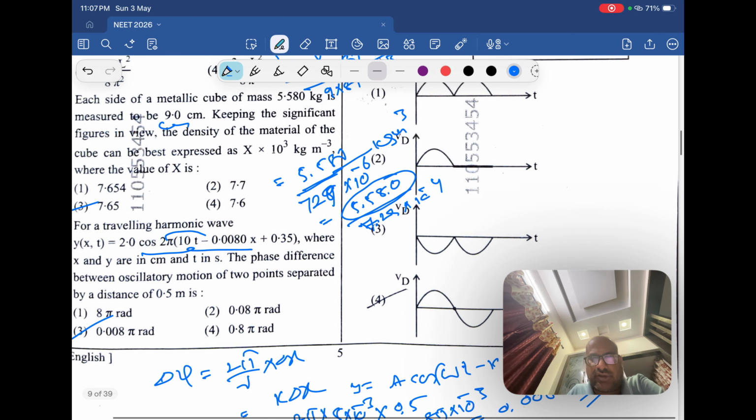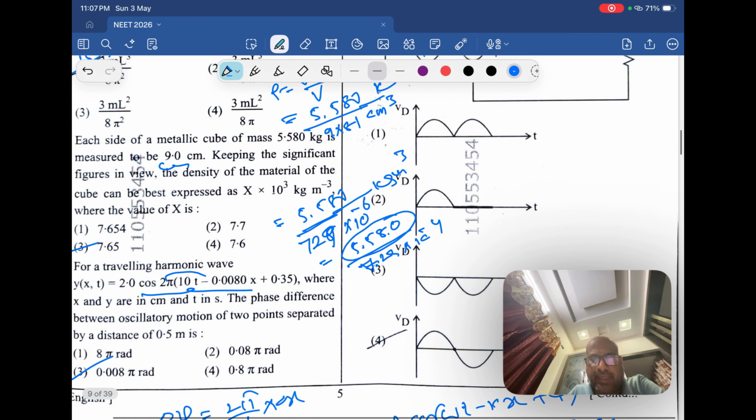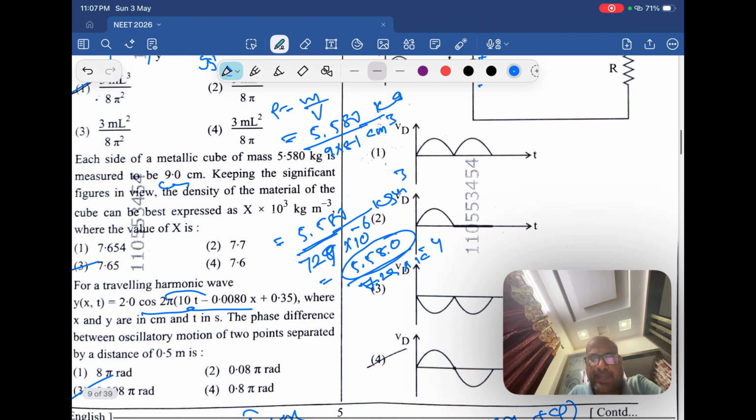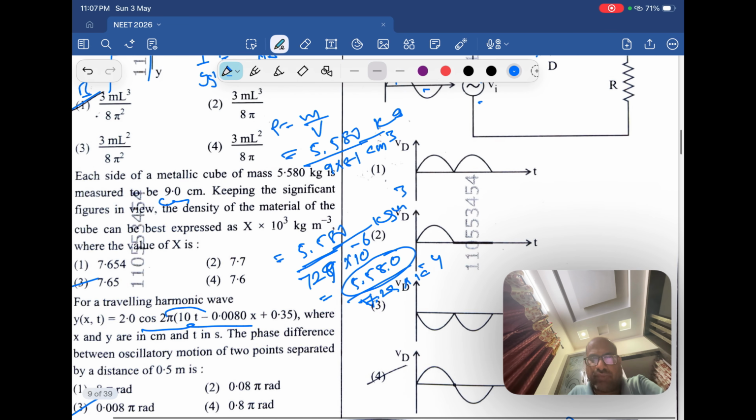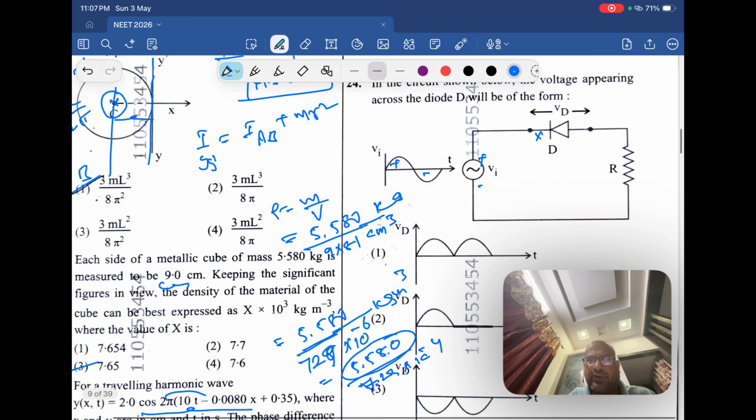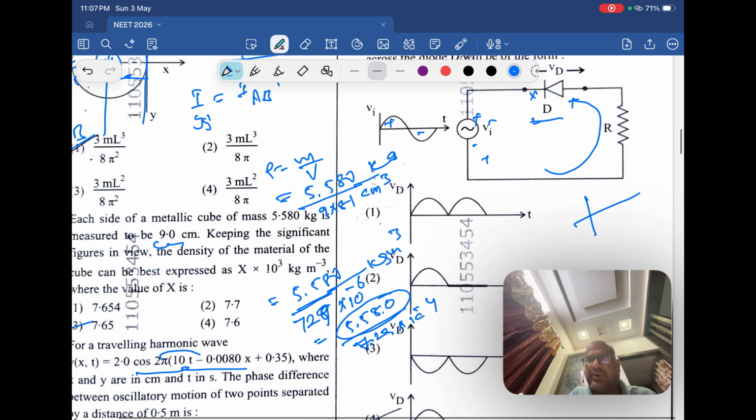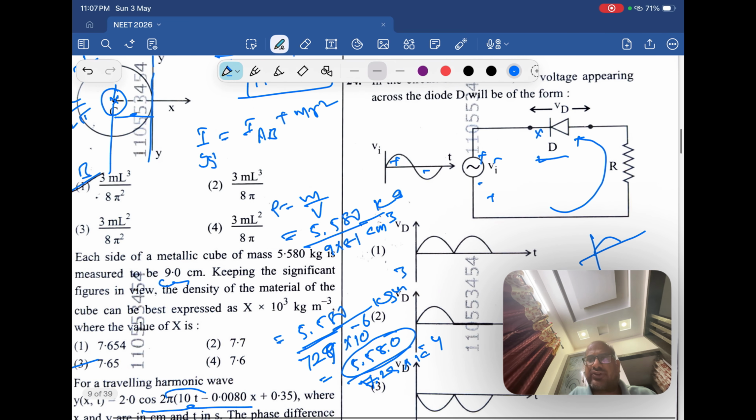So first it conducts, only half cycle comes. If you take this positive, this negative, this will be positive, means it conducts, so output will be there. And when next negative cycle comes it won't conduct. Next again when positive it conducts.